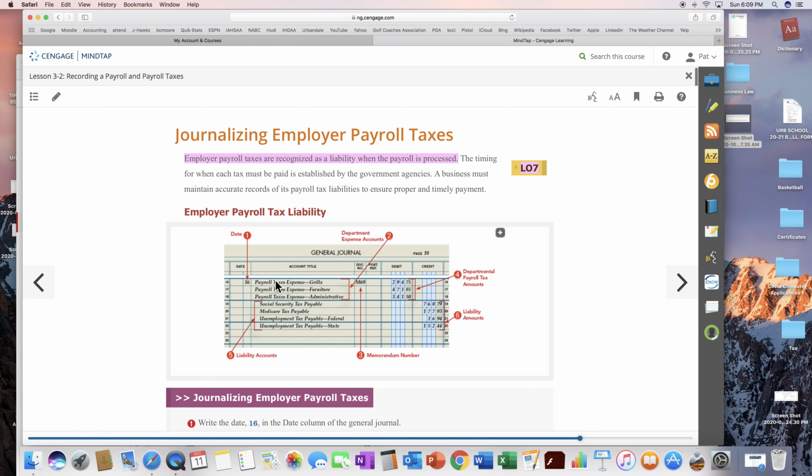Employer taxes are seen as liabilities until they're paid. Here we're recording them in the general journal. So we have to make these transactions where we do payroll tax for each department. And these figures we figured out in the table.